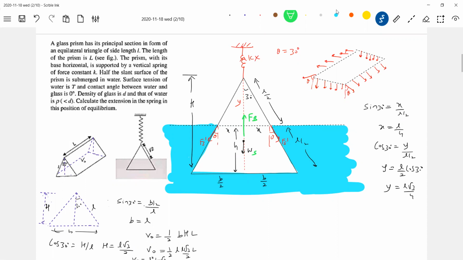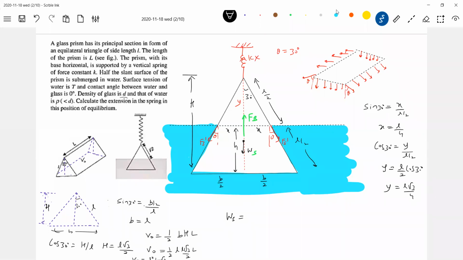First, let's calculate the weight of the solid. Density of glass is D and that of water is rho. He has given the densities also. Please look here, the density of this is D, no? So first we'll calculate the weight of the prism.